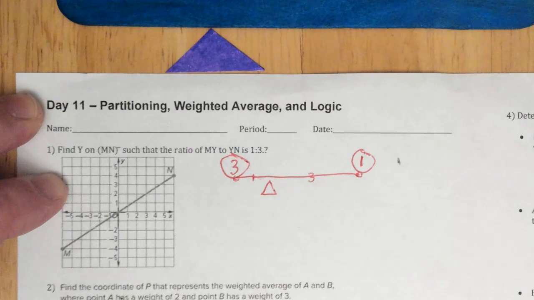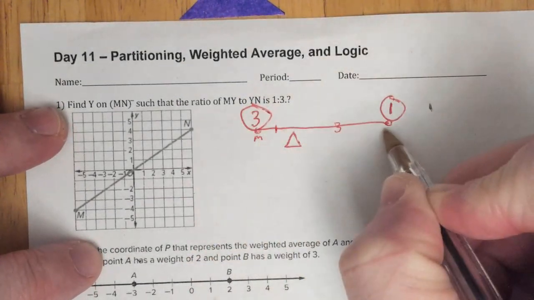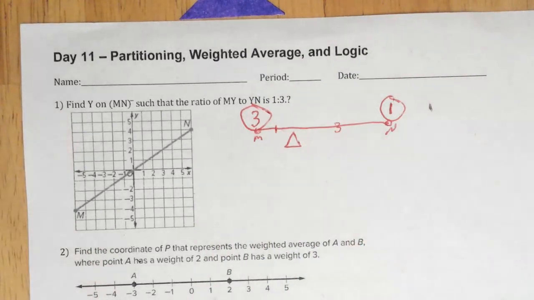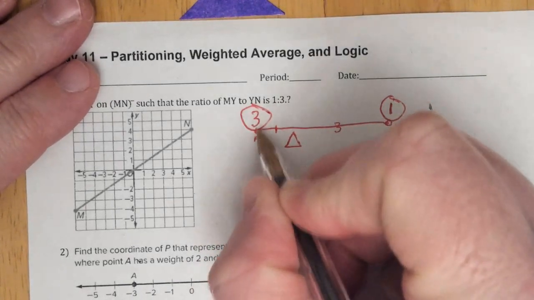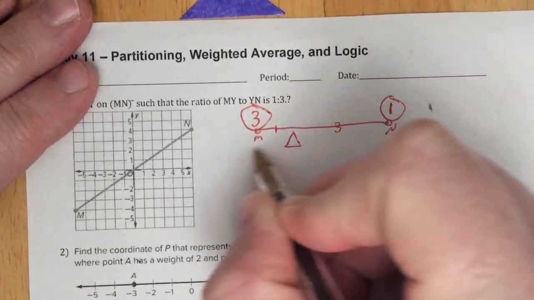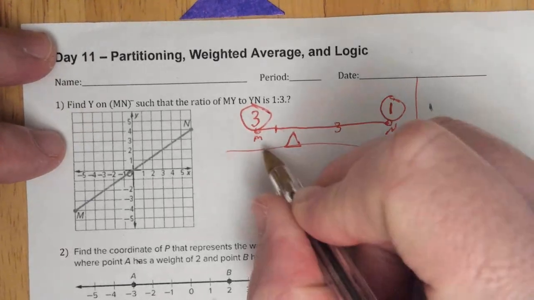Okay, so let's zoom in here. All right, so this is what we have. This is where M is, and this is where N is. All right, fabulous. So basically, what we're going to do is, we have 3 M's. Now that we have the picture down, everything else should fall into place.